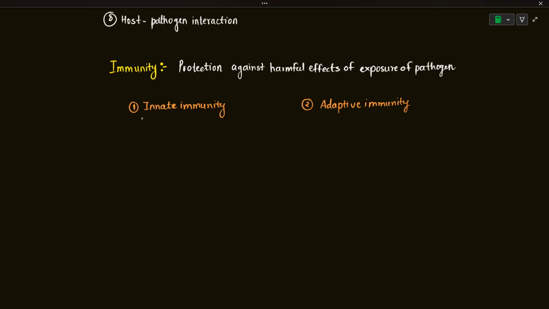The one which we are blessed with by birth is known as innate immunity, while the one which we develop over the time due to exposure to certain factors, exposure to pathogens, exposure to infections, that type of immunity which develops over time is known as adaptive immunity.